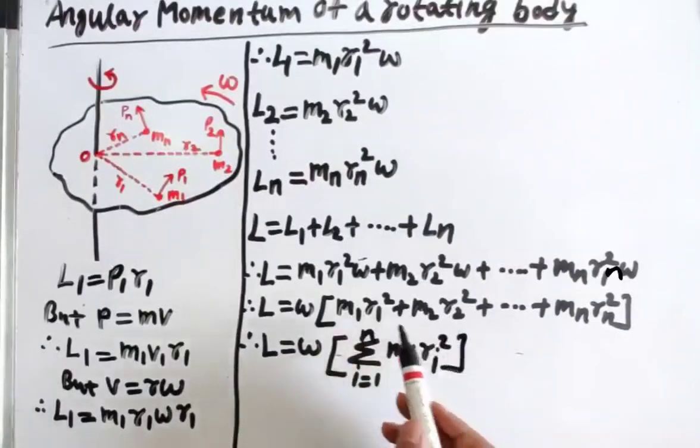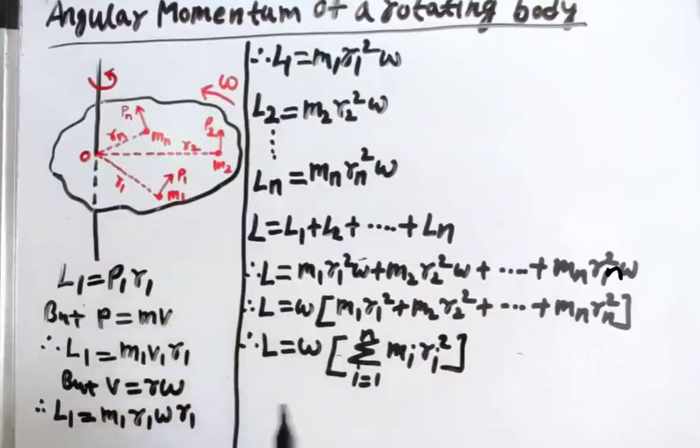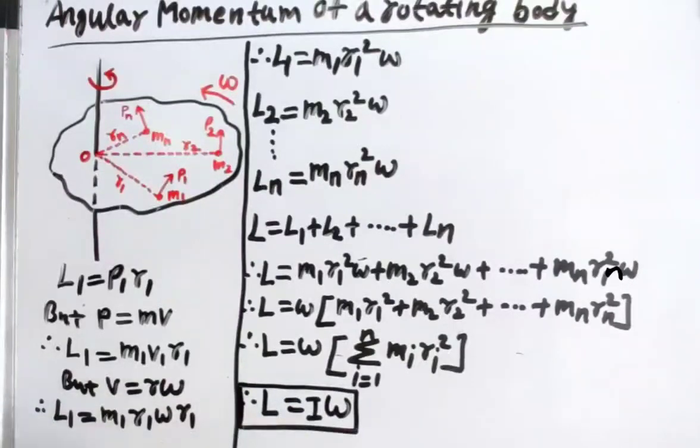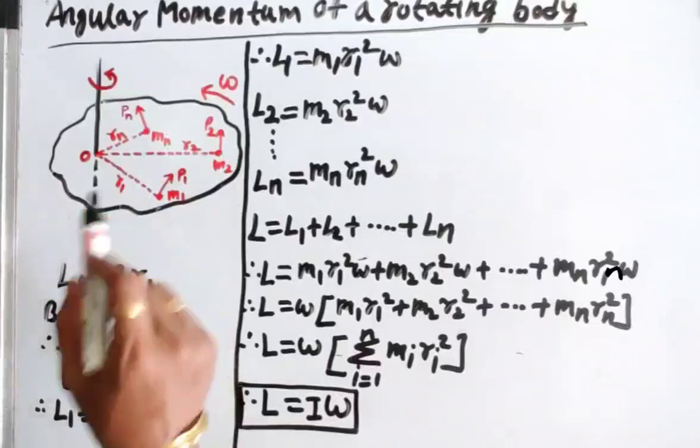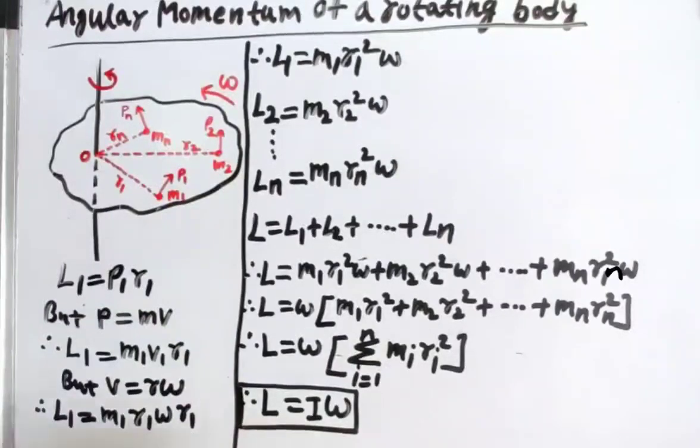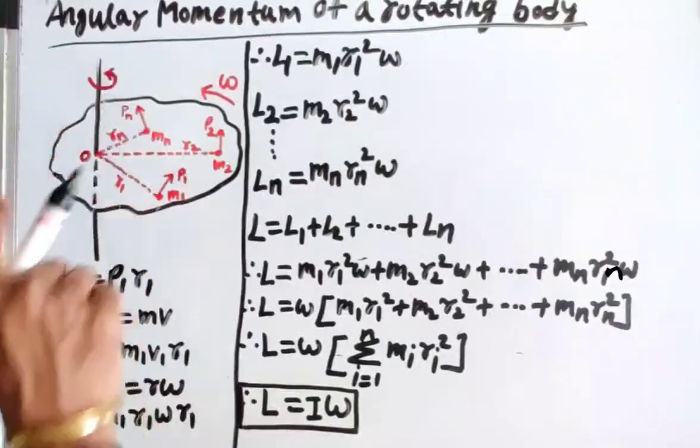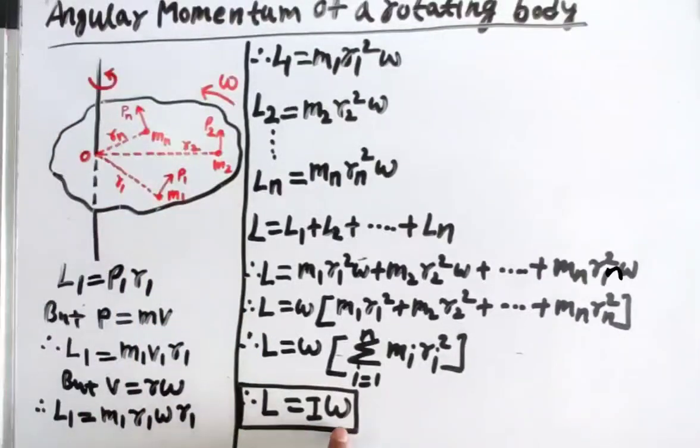Now this bracket, as we know, is nothing but the moment of inertia. Therefore L = I omega. This is the expression for the total angular momentum of a rotating body, where L is the angular momentum of the rotating body, I is the moment of inertia of this rotating body about the given axis of rotation, and omega is the angular speed of the rotating body.